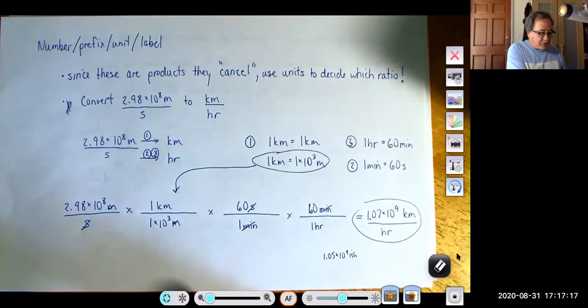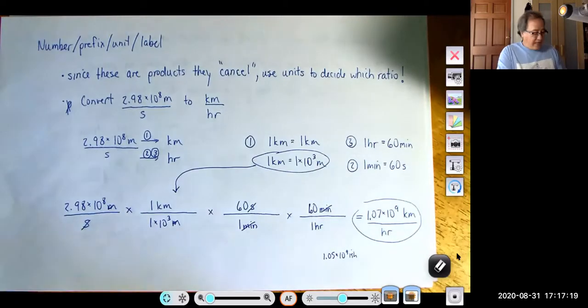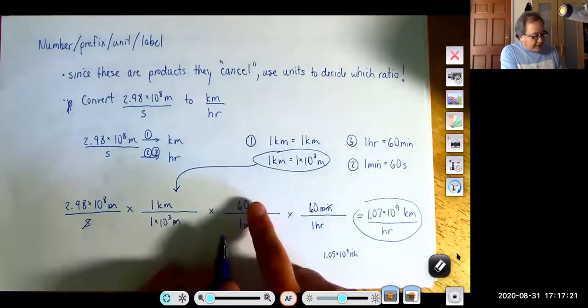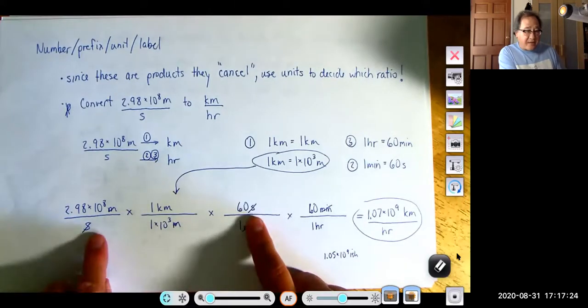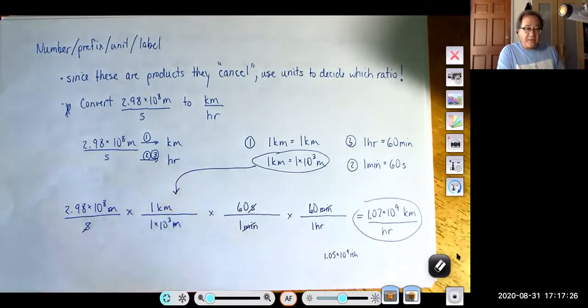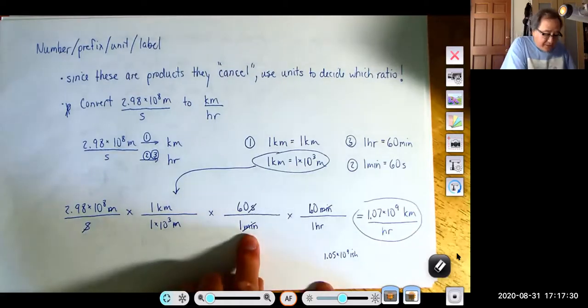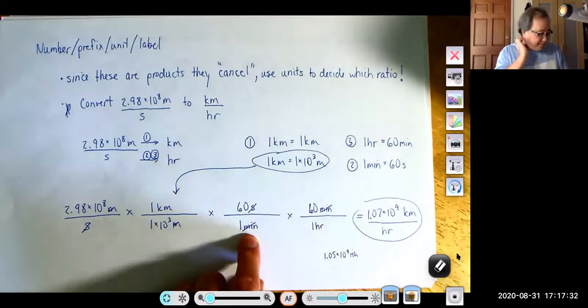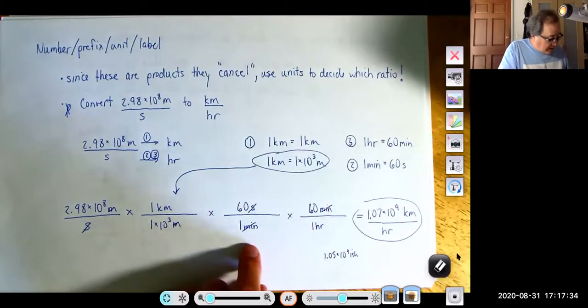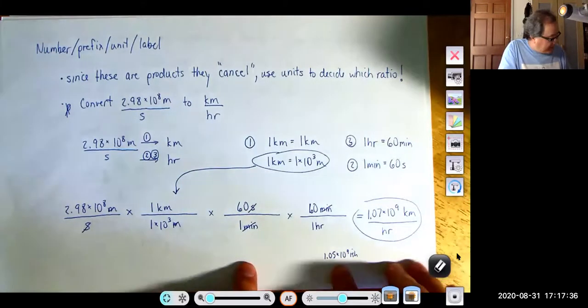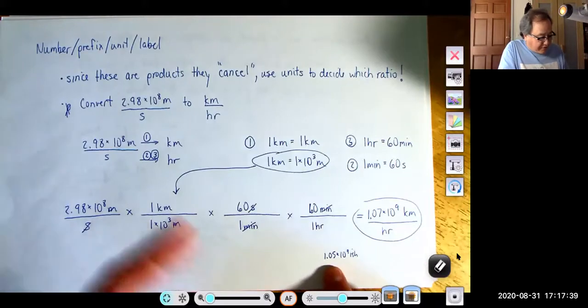And this is equal to 1. And then here, I put the 60 seconds on top so it would cancel with the seconds on the bottom, and therefore 1 minute goes on the bottom. And then to cancel minute on the bottom here, I put 60 minutes on the top and 1 hour on the bottom.